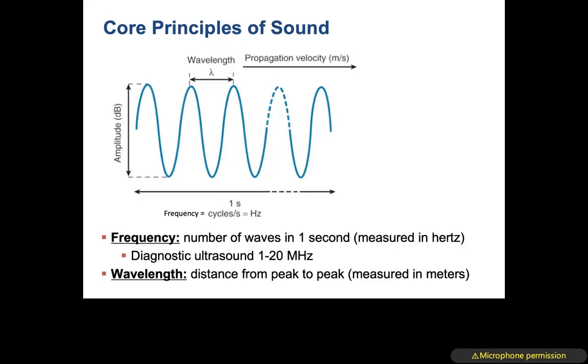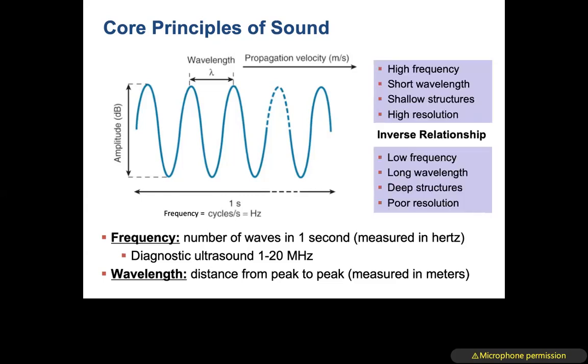We'll talk a little bit on the next slide about propagation velocity, which is how quickly the ultrasound wave travels through a medium, and that can be different based on what it's traveling through. The point of the physics is to point out that frequency and wavelength have an inverse relationship. If you have a high frequency, you're going to have a short wavelength.